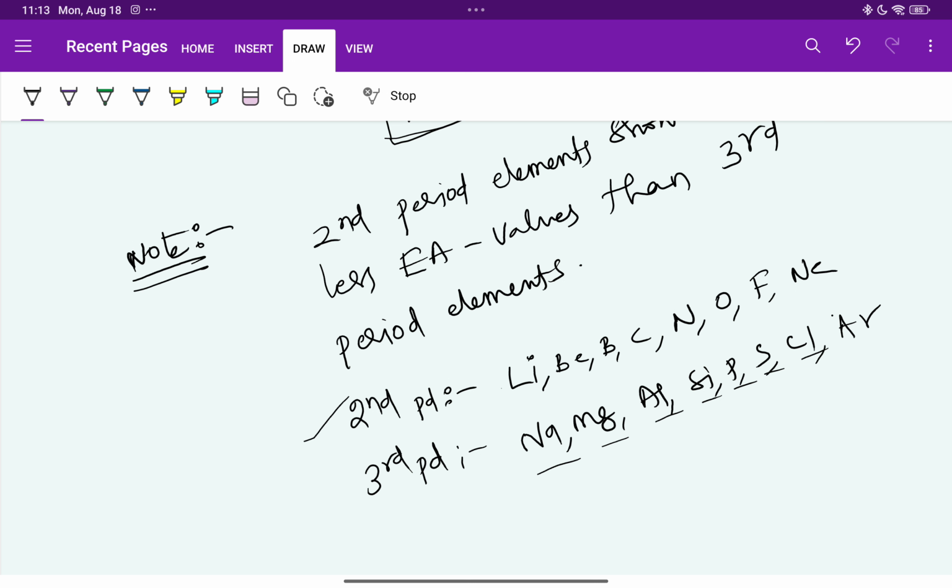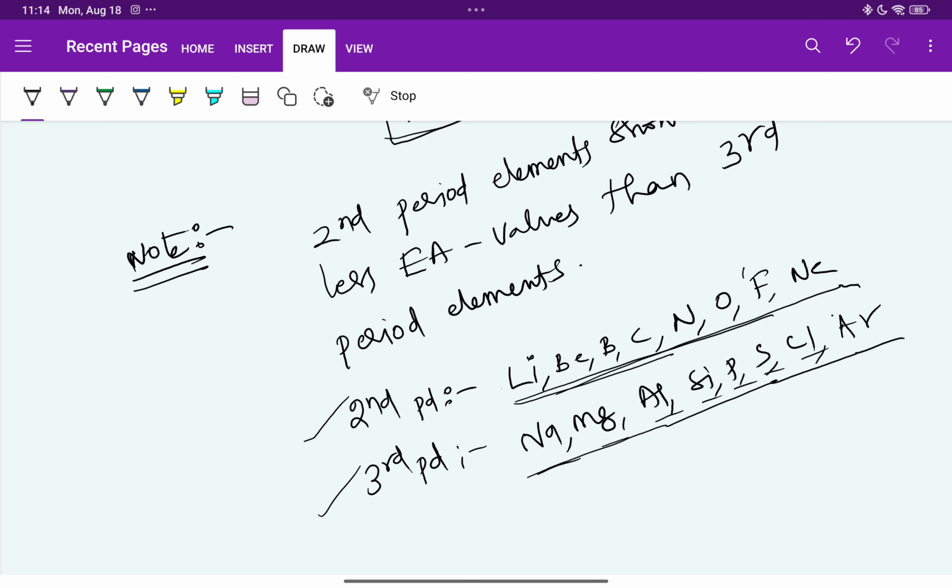So these are the second period and third period elements. What I am telling here is that second period elements' electron affinity values are lesser than the third period elements' electron affinity values. How? Just now I have given the answer.